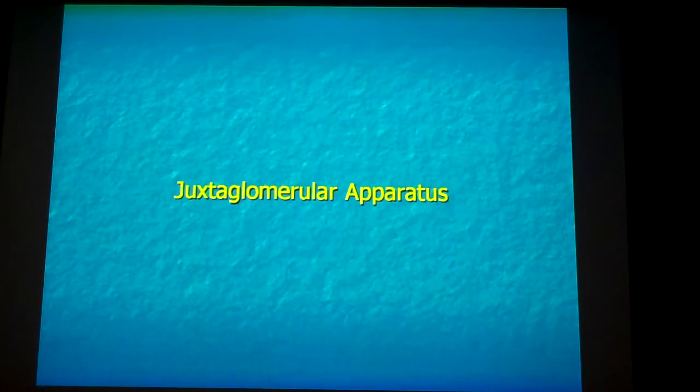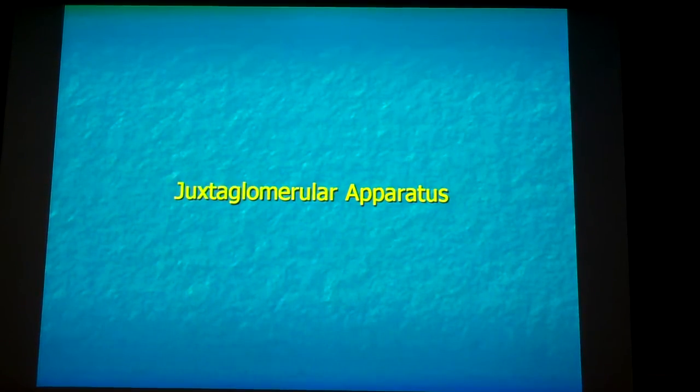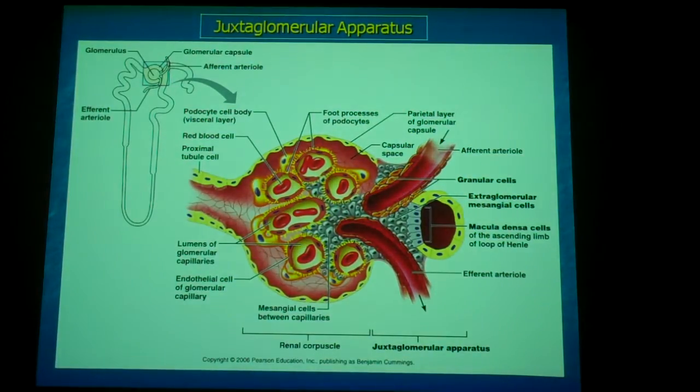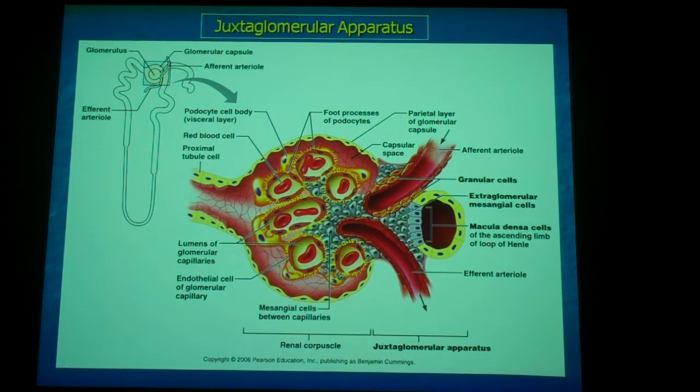All right, now, let's talk about where that distal convoluted tubule butts up against the renal corpuscle. It never enters, although the way the book looks, it's deceiving; it looks like it almost enters. This is the way it looks right here.